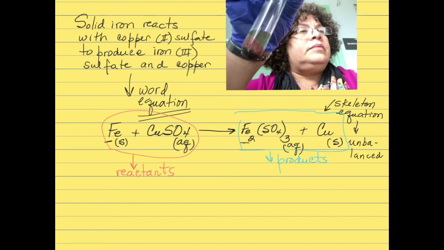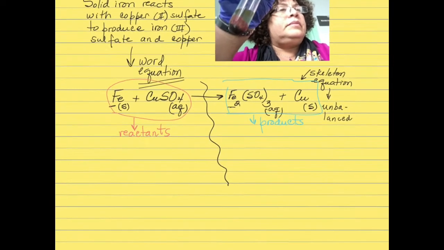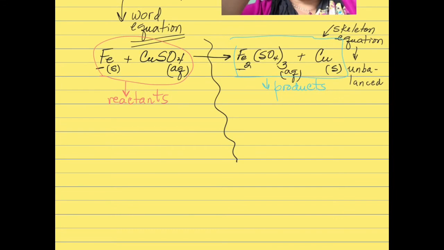How are you going to balance that? Remember, your first step is just to divide the reactants from the products, and then you're going to start counting. Hydrogen and oxygen are the last ones that you are going to count in your equation. I'm going to start with the iron over here. Iron, I have 1 in my reactants.